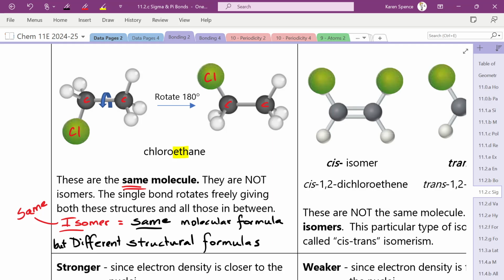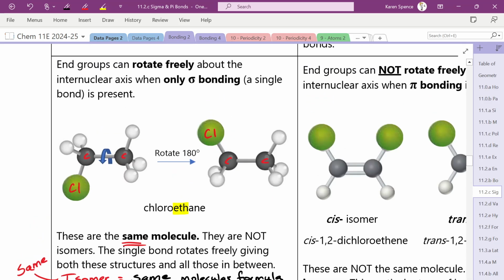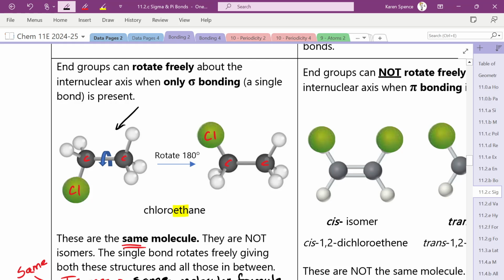They are the same molecule. These guys have the same structural formula. If you were to draw a Lewis structure for this, it would be the same for both of them.